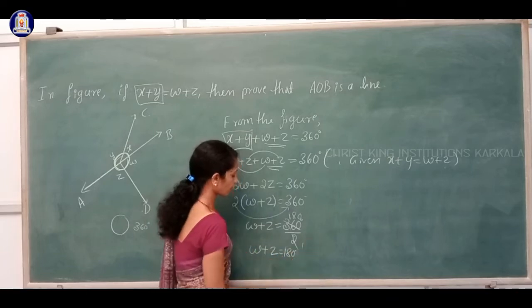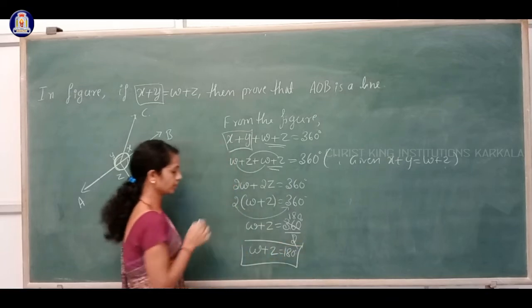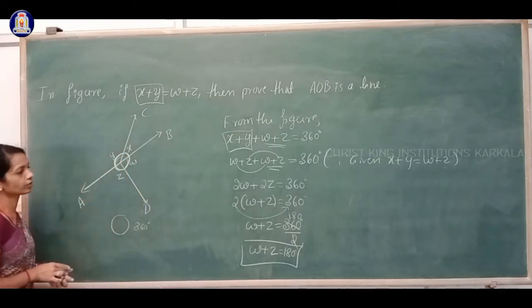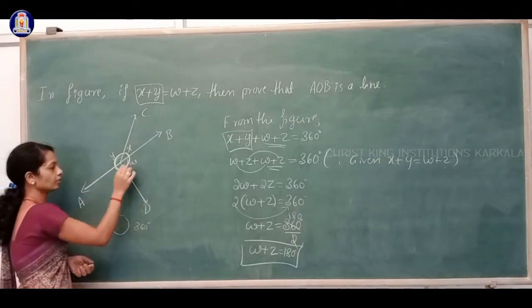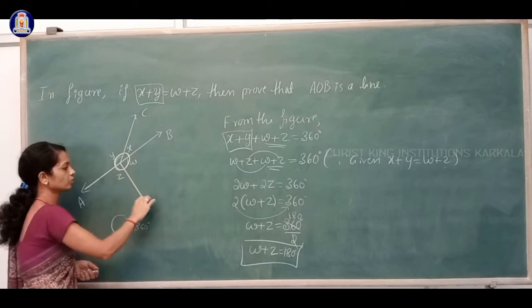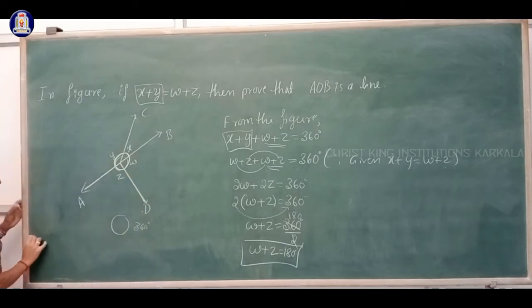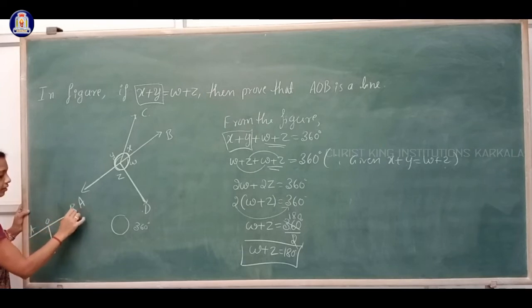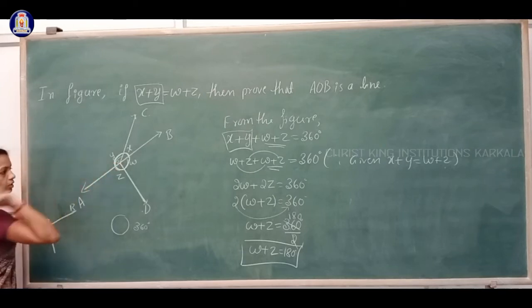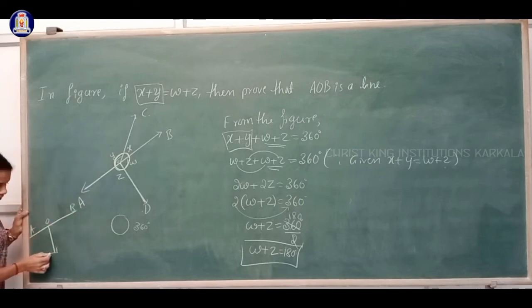So w and z, those angles you have to observe in the figure. Angle w is here, angle z is here. How are these two angles? I will highlight only those two angles. This is AOB, here O is there, and this is D, and here you have w, and here you have z.